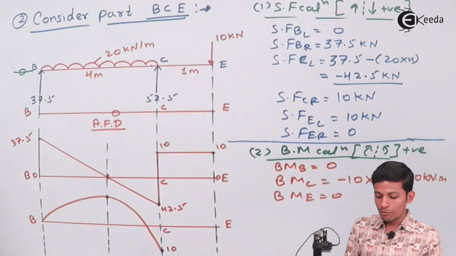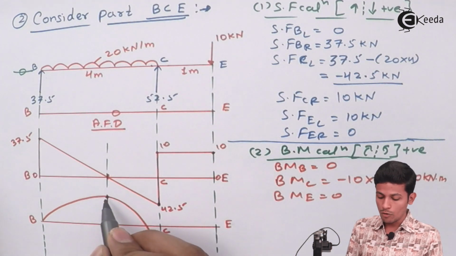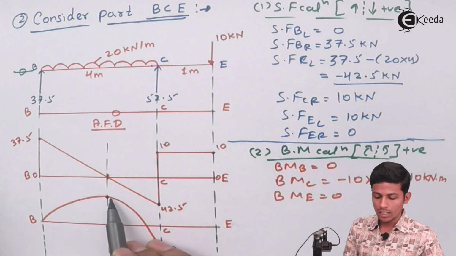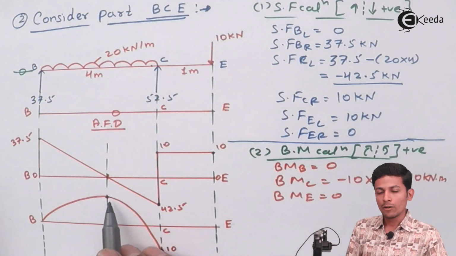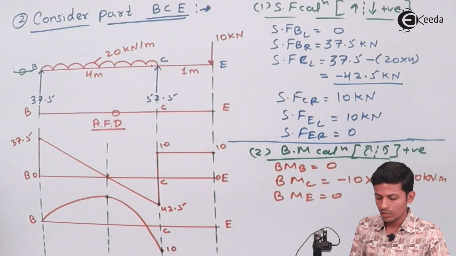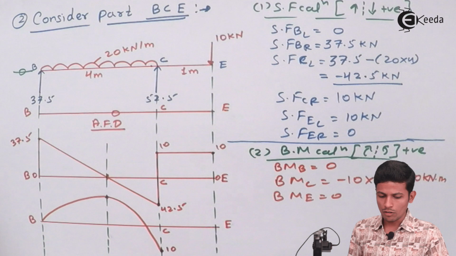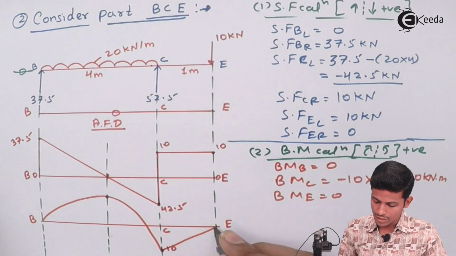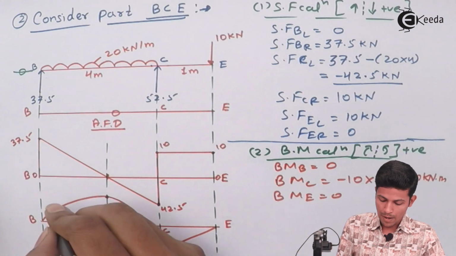Now we have to find this value. If you are not solving, that's also convenient for the exam. If you want, you can solve also. Now see, in E this is 0, so this is a straight line and this is a parabolic curve.